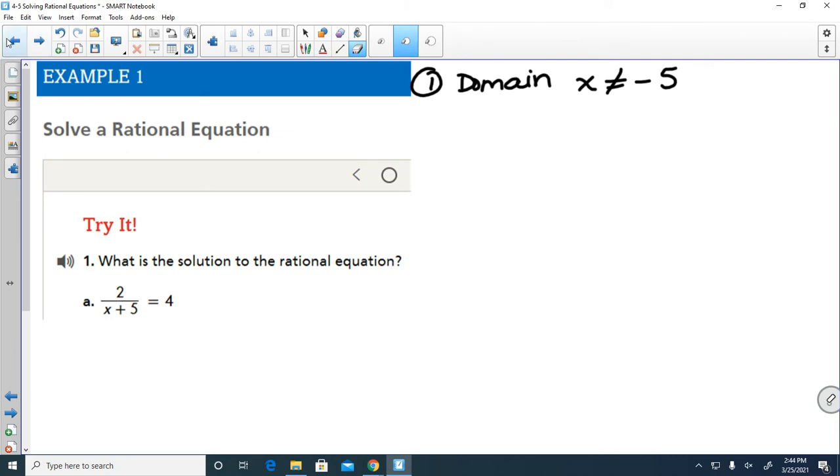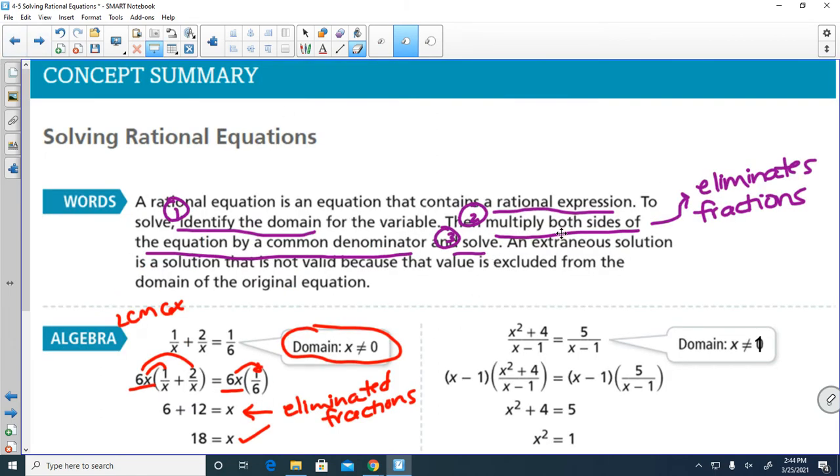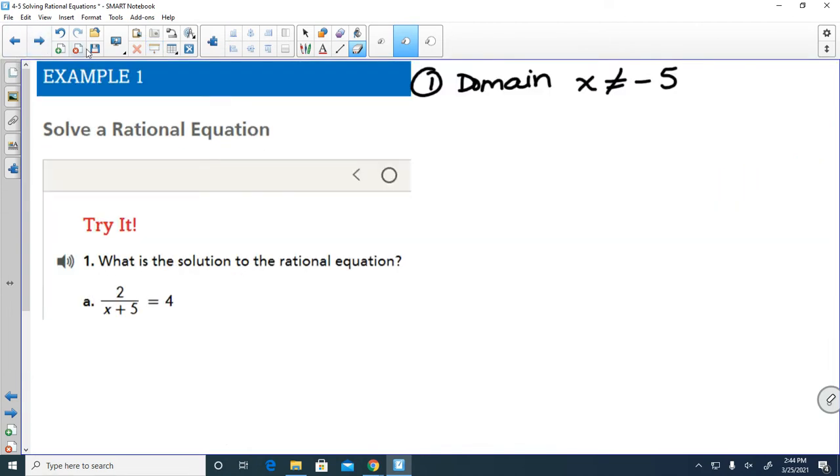Okay, step 2, multiply both sides of the equation by a common denominator. So a common denominator here looks like it's going to be x plus 5.